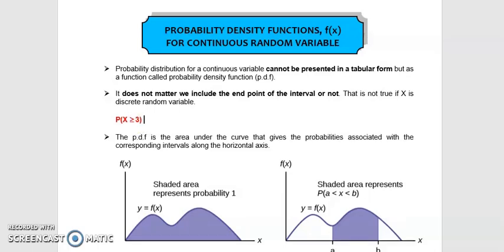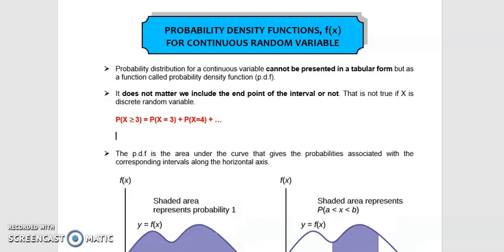That will start from x equal to 3, plus probability of x equal to 4 and so forth. If the probability of x greater than 3, it will start from probability of x equal to 4 plus probability of x equal to 5 and so forth.